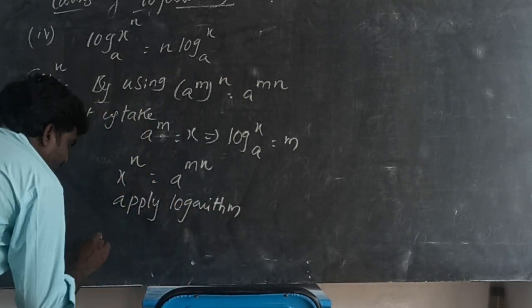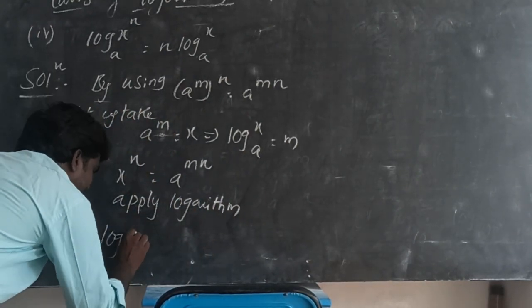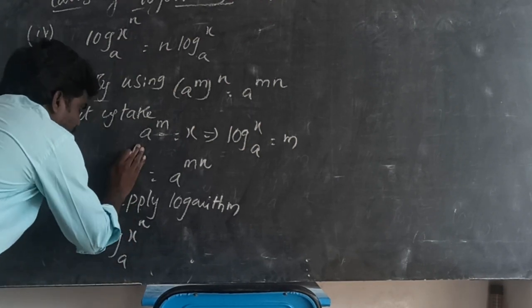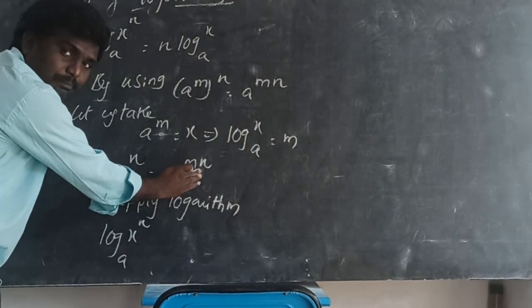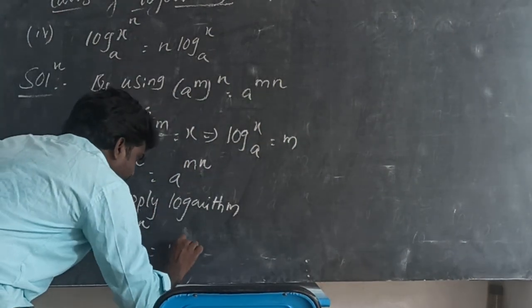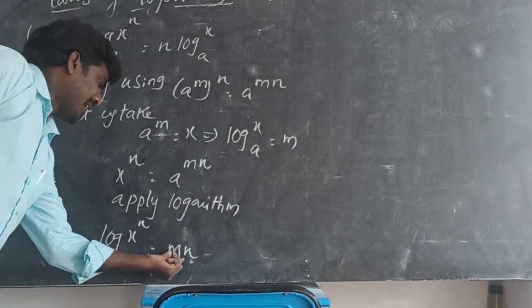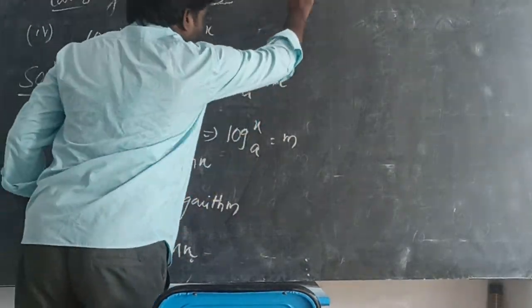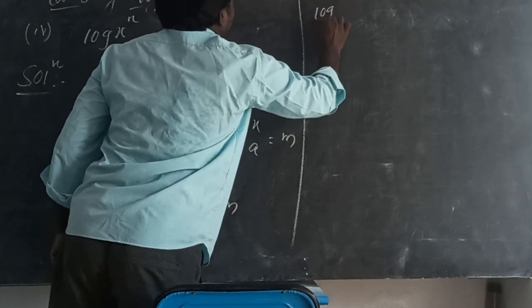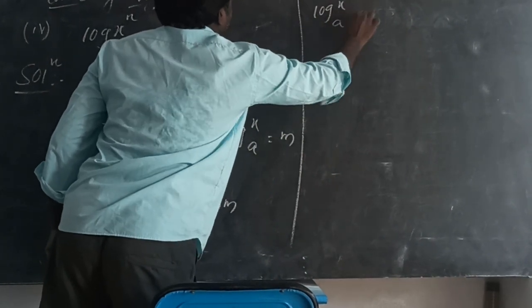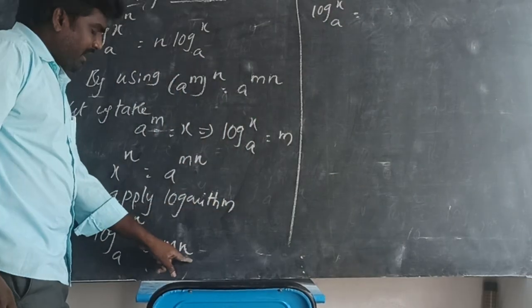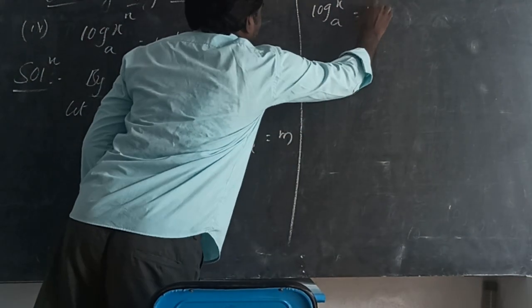What do we get? Log x power n base a, where a is the base and n is the exponent, is equal to m n. So m n we can write as n m.